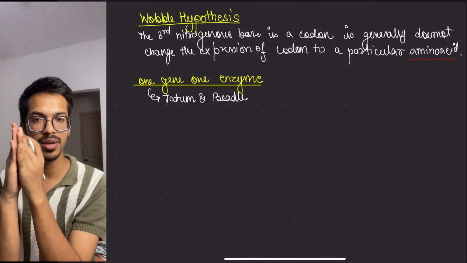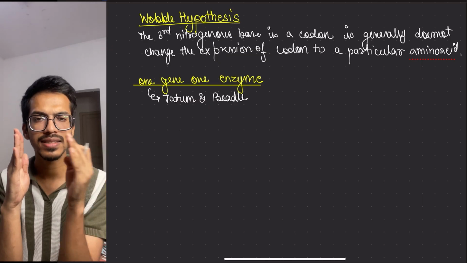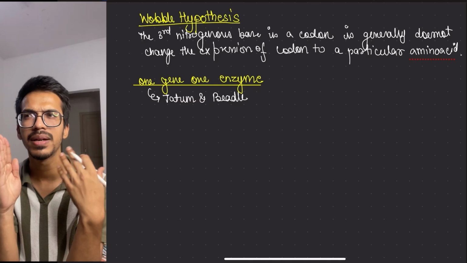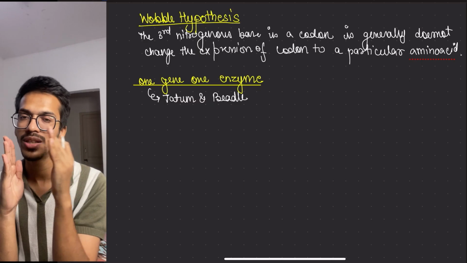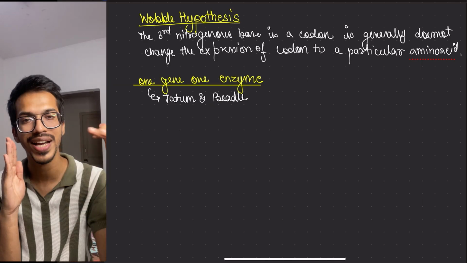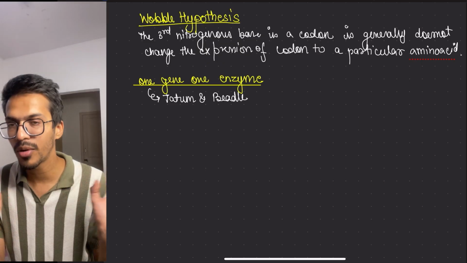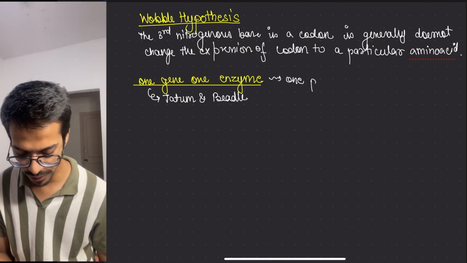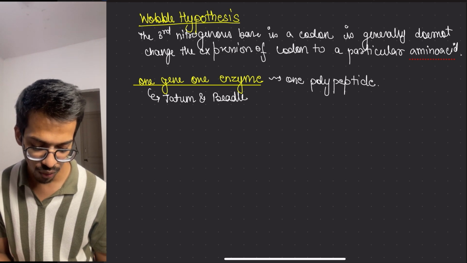You know that the gene will make the mRNA, which will make the proteins. So it says that one gene will make only one enzyme. Later on, of course, Baltimore and some other people, Jacob, came and they modified this and said that one gene means one polypeptide that will be made to express its function. Understood? So they just told about the one gene, one enzyme experiment, later modified as one polypeptide, the protein that is being formed.